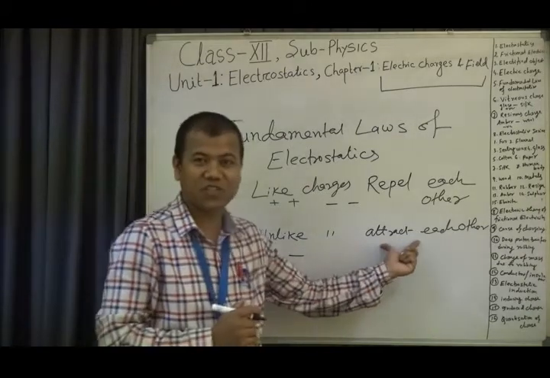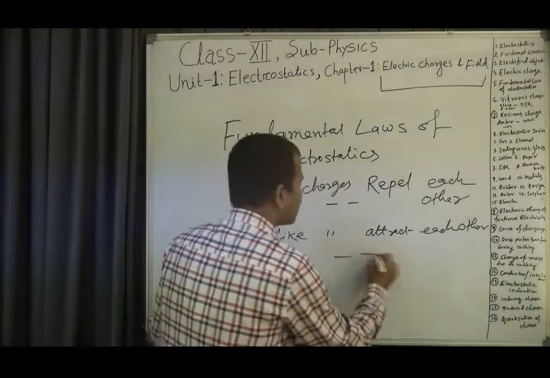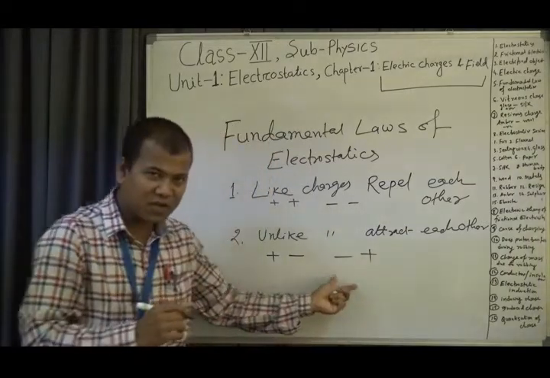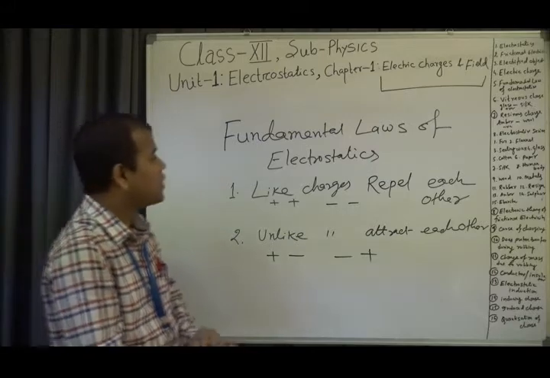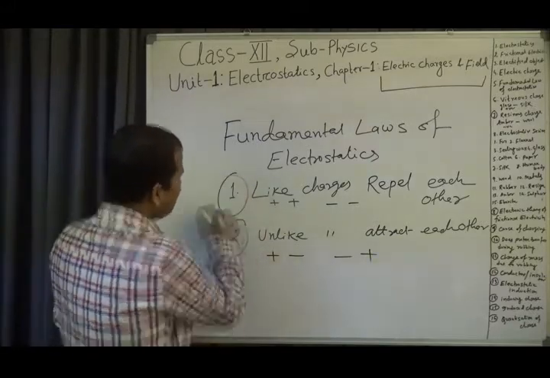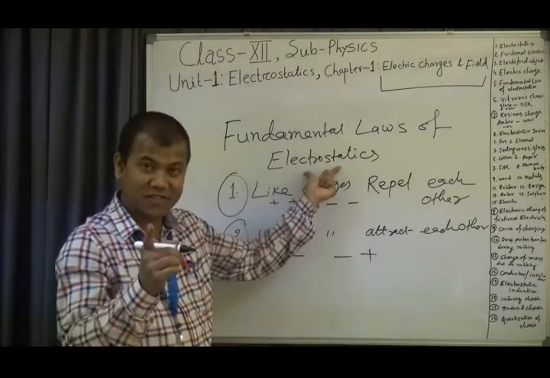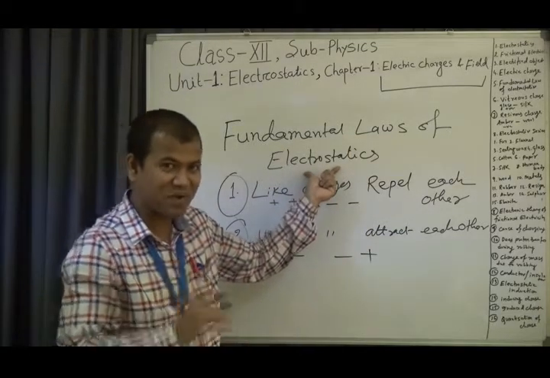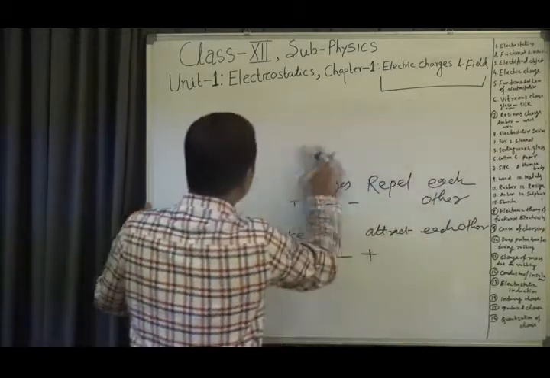They will attract each other, plus and minus, or minus and plus. Obviously they will attract. So these two laws are the fundamental laws of electrostatics. Very simple. So I have told you about the fundamental laws.